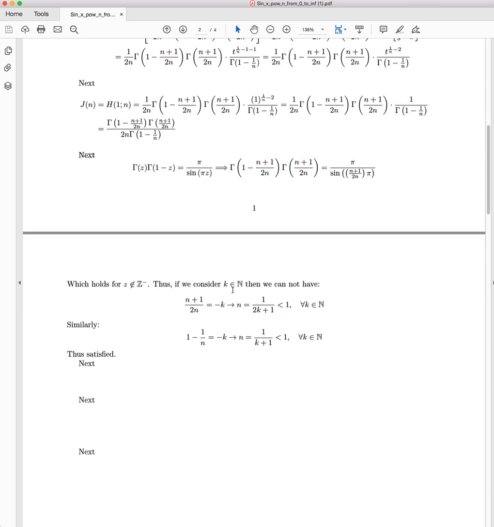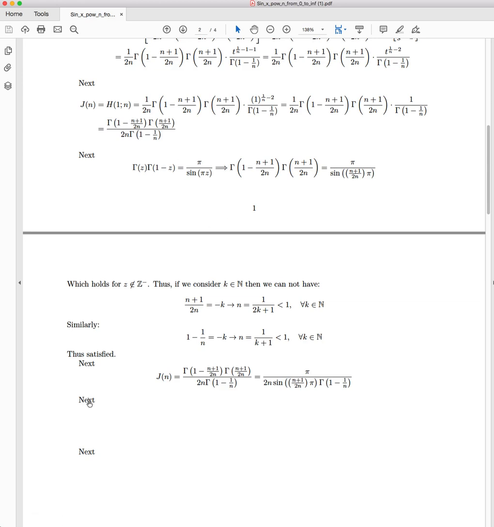As a result of that, we can now jump straight to our solution. So J of n, which is equal to this quantity as we got here, is equal to, we see here, this quantity gets replaced with pi over sine of (n plus 1) over 2n times pi, and then we just have the remaining component, gamma of 1 minus 1 on n.